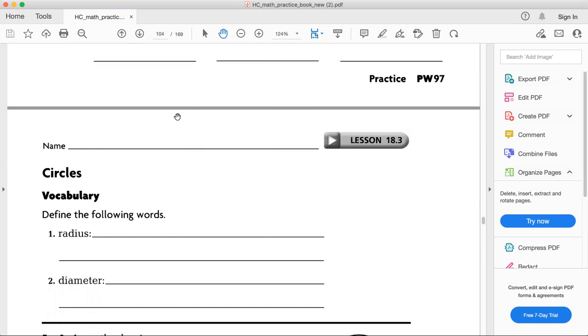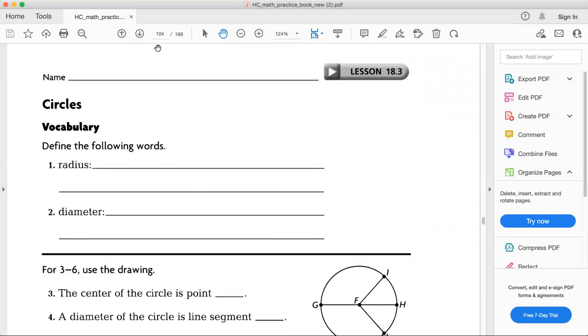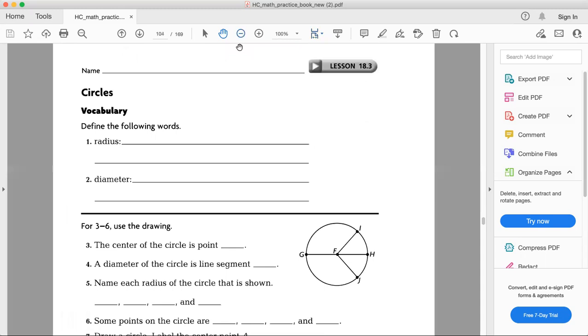Okay, tell me Tuhin, number 1. The radius. Ma'am, can I draw? Yes, you can definitely draw better. Ma'am, radius is a thing that goes this line is called radius.